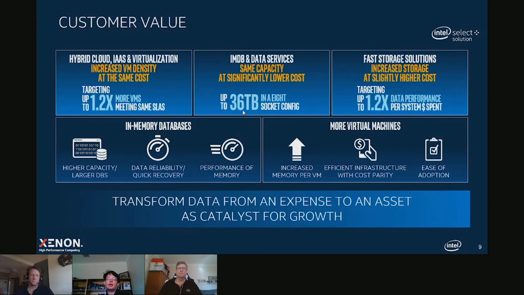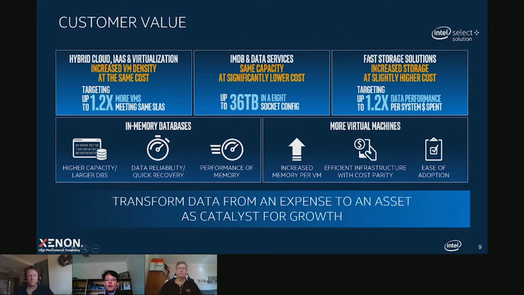And that again enables either packing a lot more VMs onto the same systems, or we can host much larger databases in what's effectively memory, but at a much lower cost than memory, enabling us to run those databases, and especially to run the processing afterwards when we do analytics on those databases, much more efficiently and much faster.